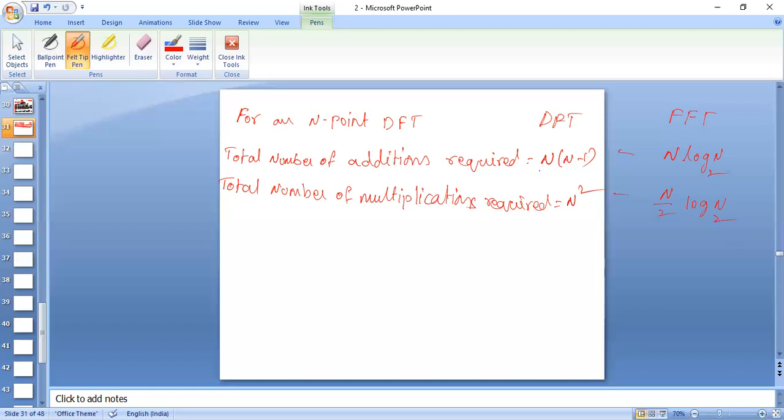Let us try to compare these parameters for different values of N initially. Let us consider N is equal to 4. Next, let me consider N is equal to 32, and N is equal to 128. First, multiplications.